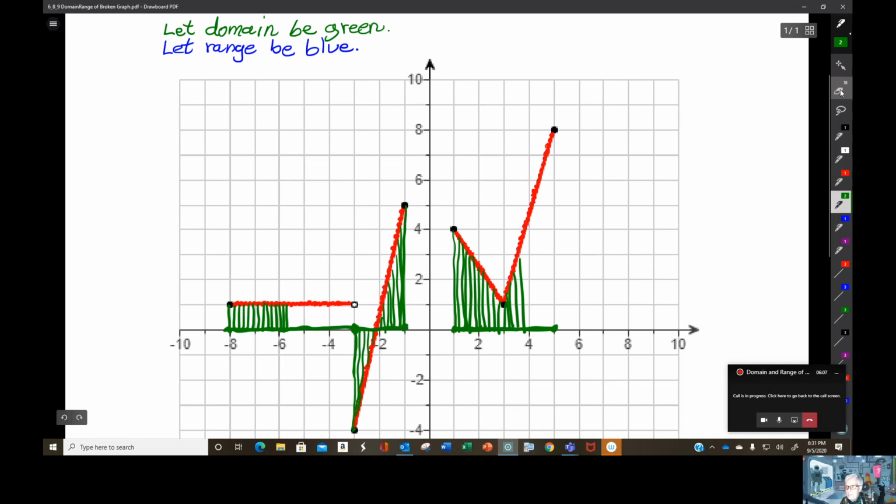Let's get rid of these guys, because that's just showing the matching up of the points with x values on the x-axis. And now there is your domain. All we have to do is write the domain. The domain goes from -8 to -1.